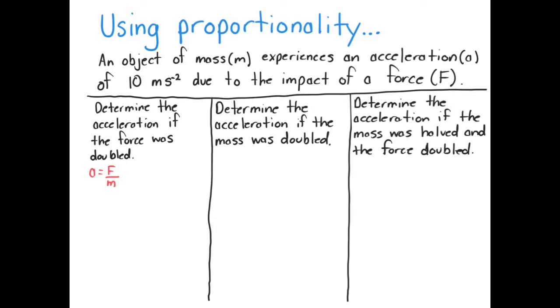So what we can say based on that is that the acceleration is proportional to the force, because this question is asking us about the relationship between the acceleration and the force. So they're the two things that we're interested in. This little symbol here basically means proportional, or proportional to.